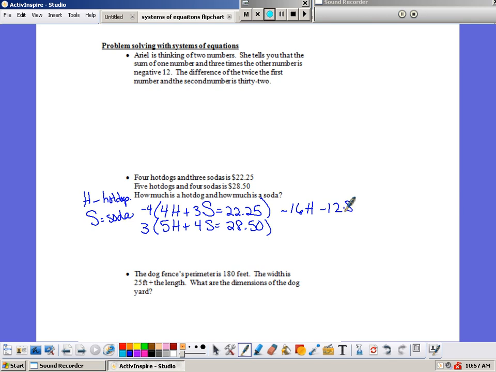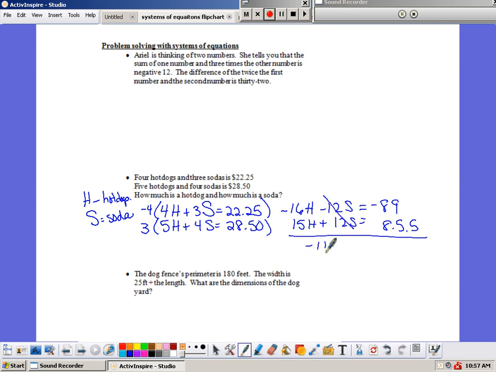22.25 times -4 is -89. Then I get 15H plus 12S equals 28.50 times 3 is 85.50.